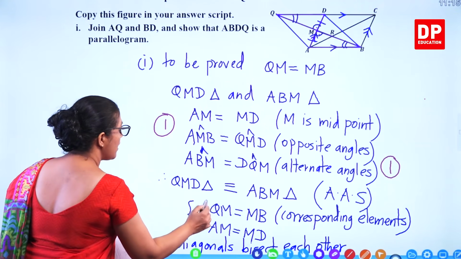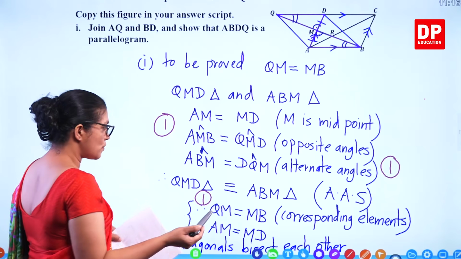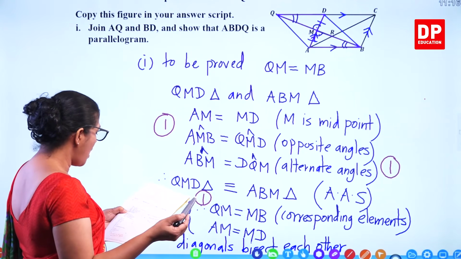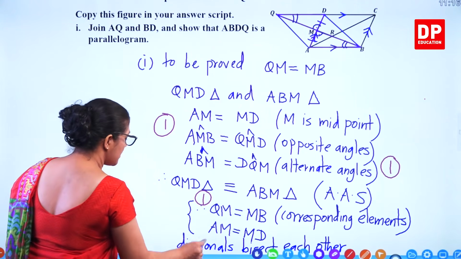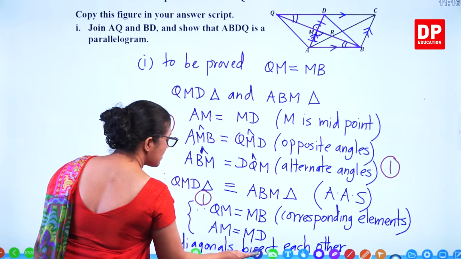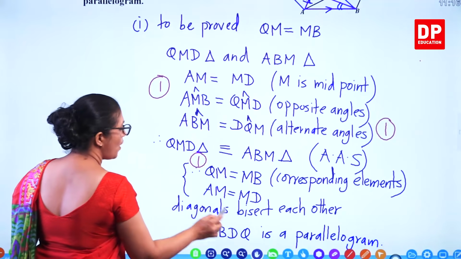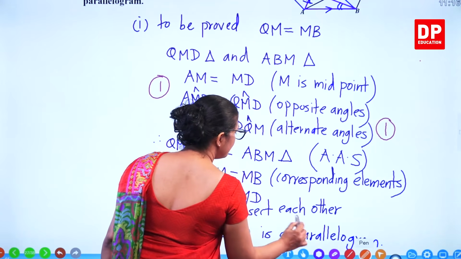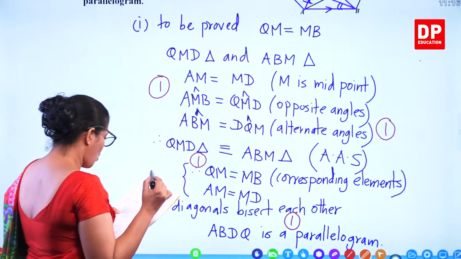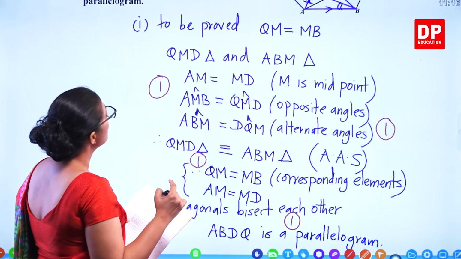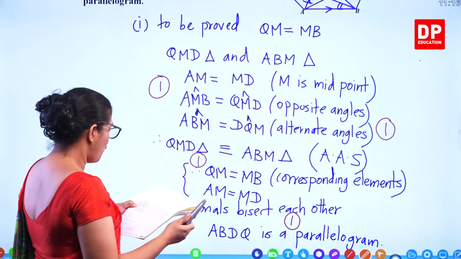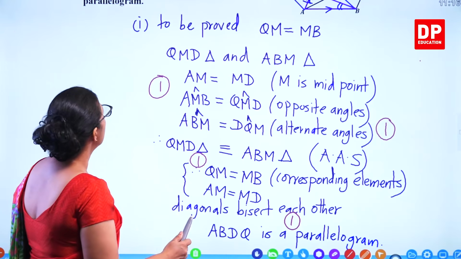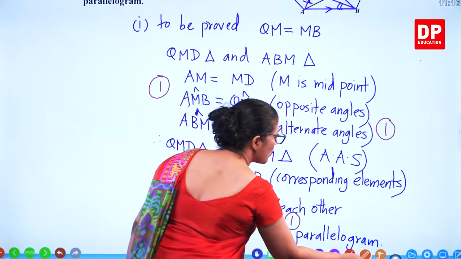And showing that QM equals MB, corresponding elements are equal, 1 mark. And the diagonals bisect, and this is a parallelogram, 1 mark. So altogether 4 marks. 1, 2, 3, 4. 4 marks for that step. Now we'll take the second one.